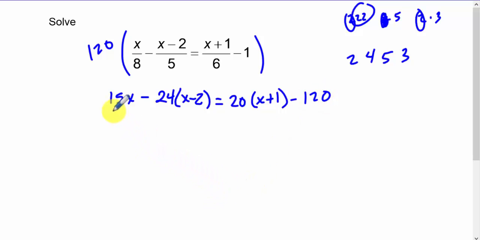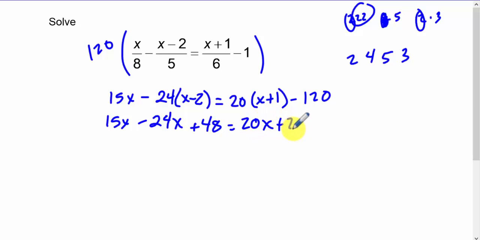And then I've got my fractions disappeared. I take and distribute what I can. 24x, positive 48, 20x and 20. Subtract 120. A negative 9 here, and a 48.